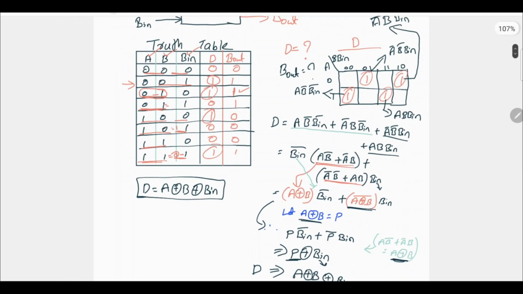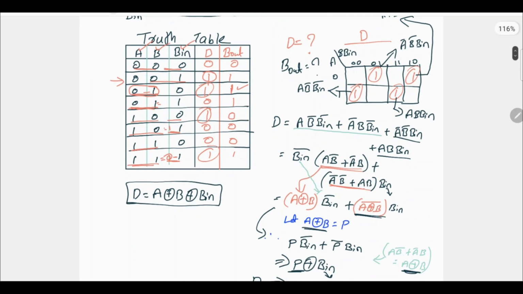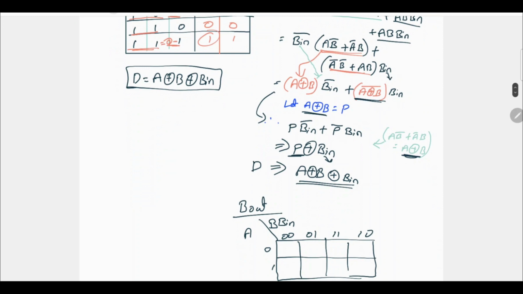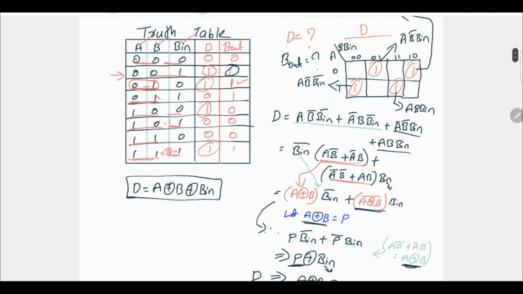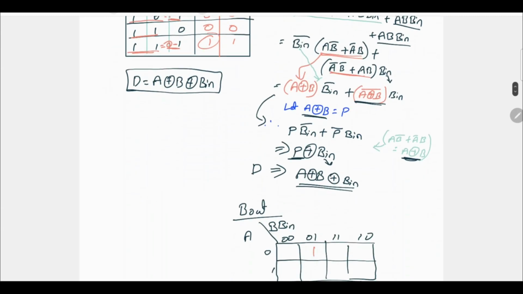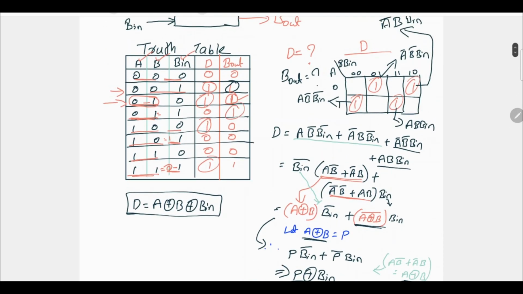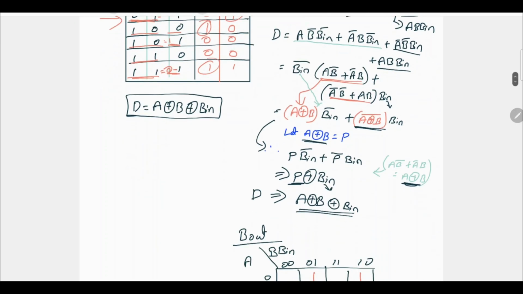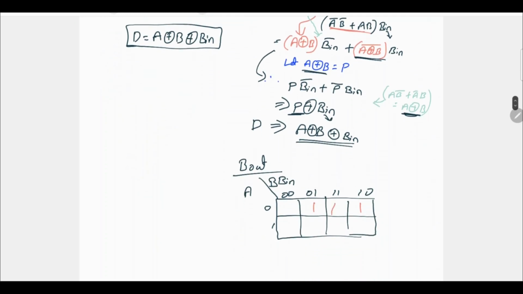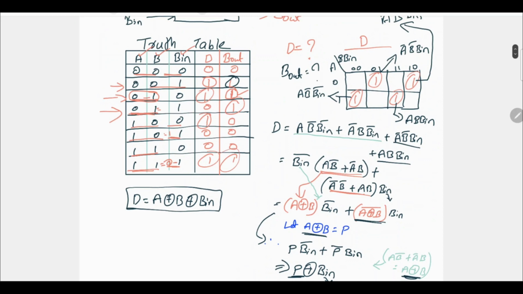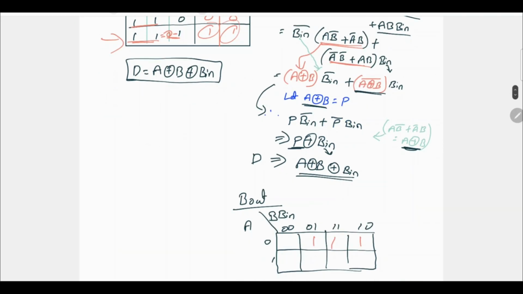We will check in which cases B out is 1. First case is 0 0 1, this is 1. Second case, B out is 1, that is 0 1 0. Third case is 0 1 1, and here it is 1, and the last case is 1 1 1.